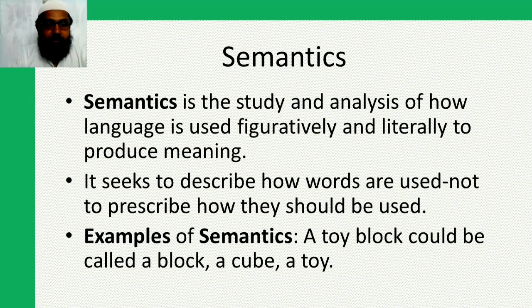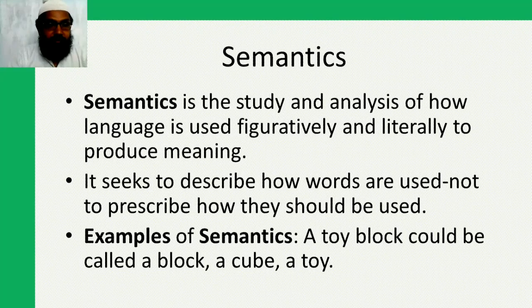And it seeks to describe how words are used, not to prescribe how they should be used. Examples of semantics: a toy block could be called a block, a cube, a toy. It means semantics is a study of meaning.